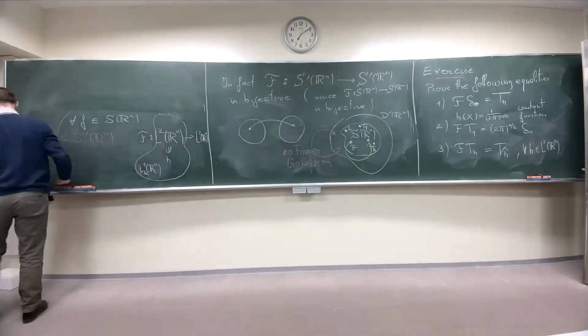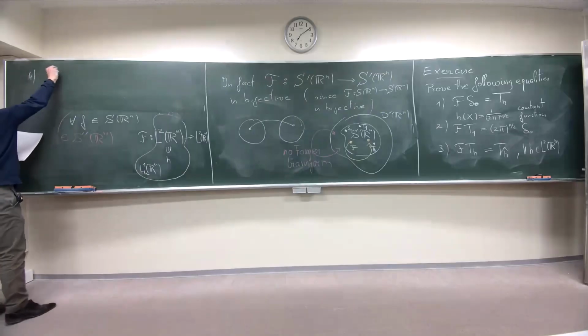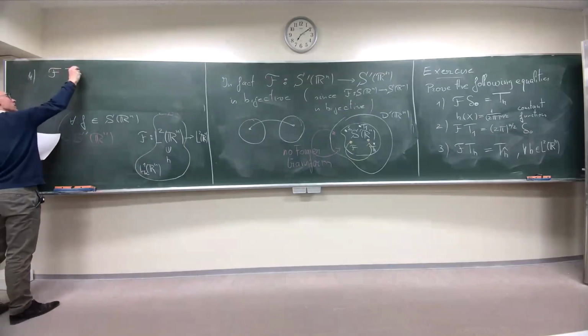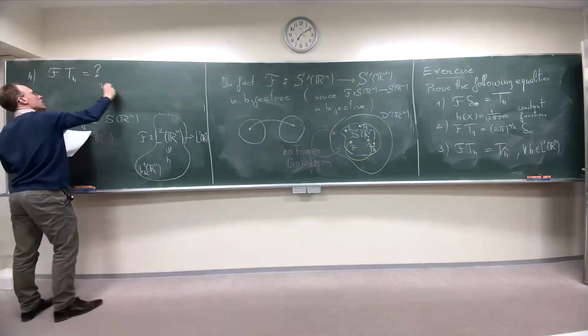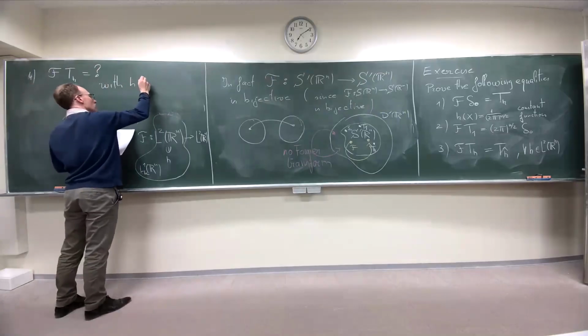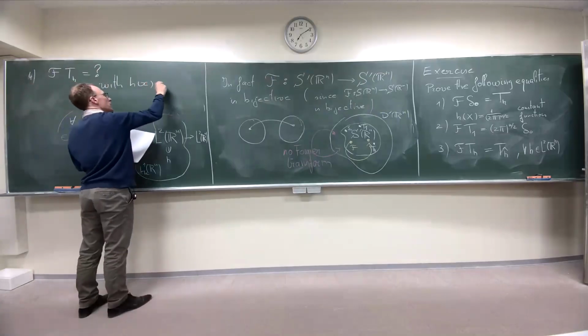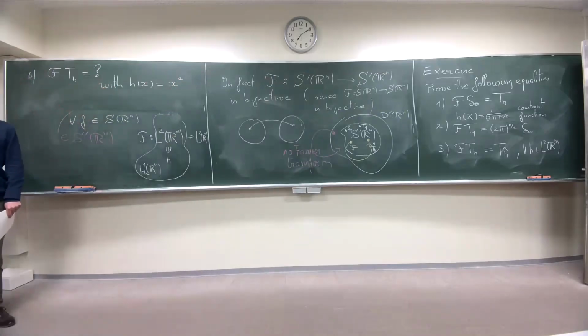And the last one I ask you to do, because I don't know the answer, so please try to find the answer. What is the Fourier transform of T of the function h, with h of x, in one dimension, equal to x squared? And this is again useful in physics or in engineering.